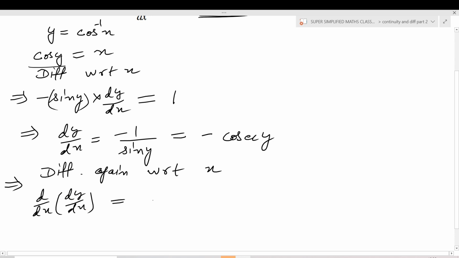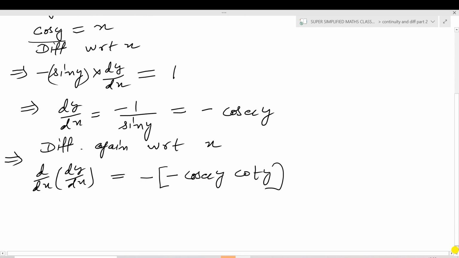Now you know the derivative of cosecant y will be minus cosecant y cot y. Now I will try to change everything in terms of sine and cos. Let me see if there will be any change. No, this is going to be the answer.